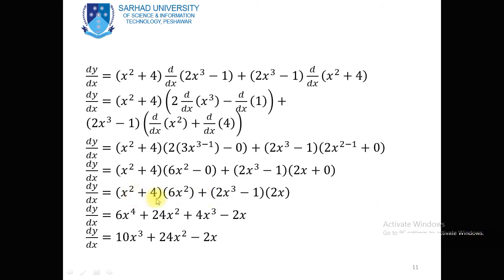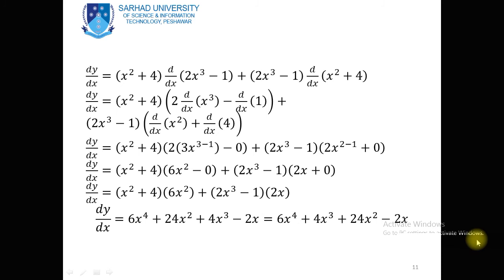So multiplying these two terms, 6 into x power 4 plus 6 into 4, that is 24x square, minus 2 into 4x cube, minus 2x. After simplification we obtain 6x power 4 plus 4x cube plus 24x square minus 2x.